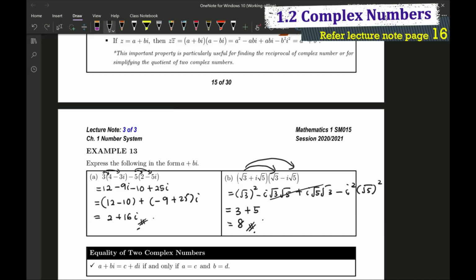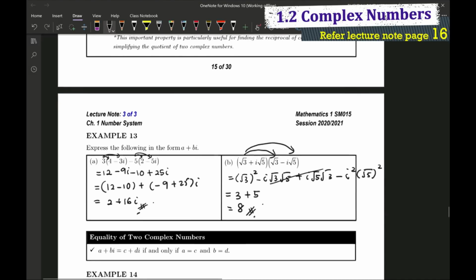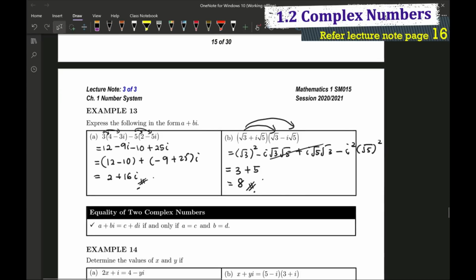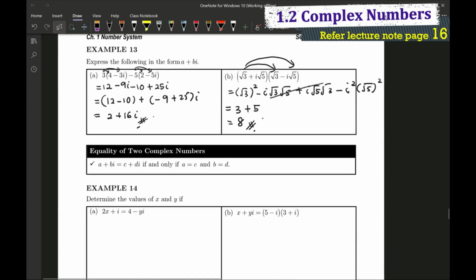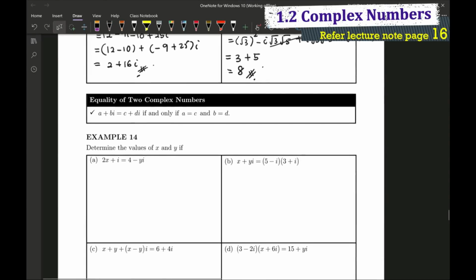And then we go to equality of two complex numbers. Example 14, determine the values of x and y. Just compare the left with the right. When you have the equal symbol here, meaning left is equal to right, we just compare.